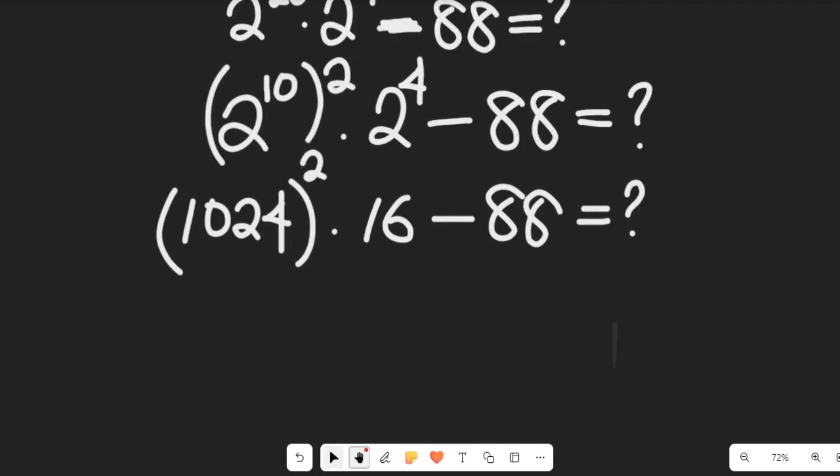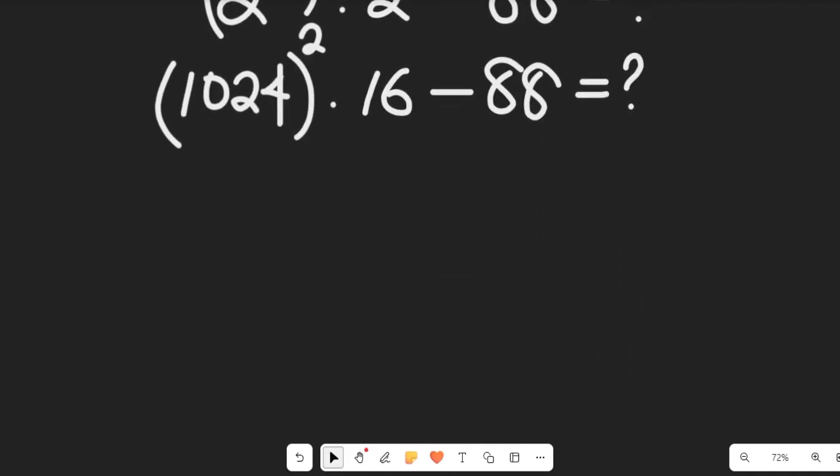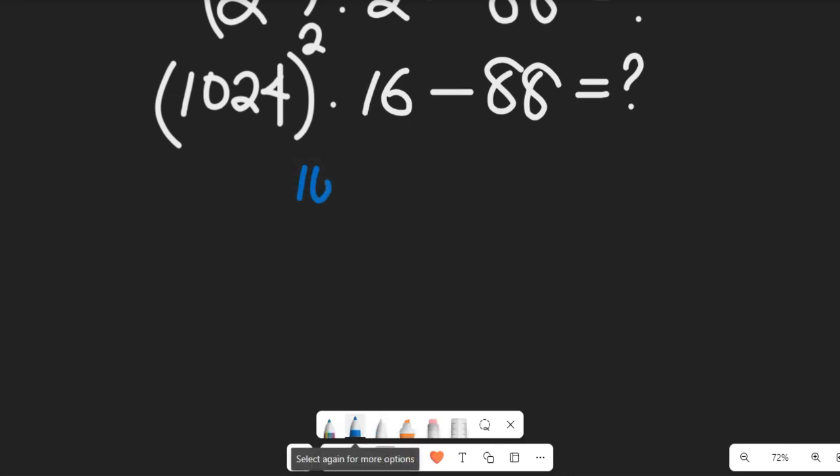Now, from this expression, I can simply expand further. Now, what do I expand? This is 1024. 1024 can simply give me 1000, to the nearest thousand, plus 24, right?